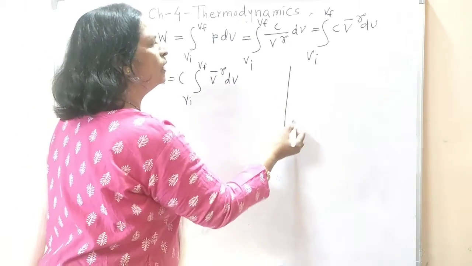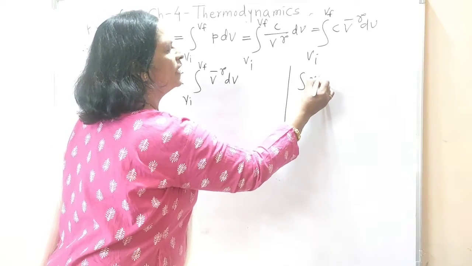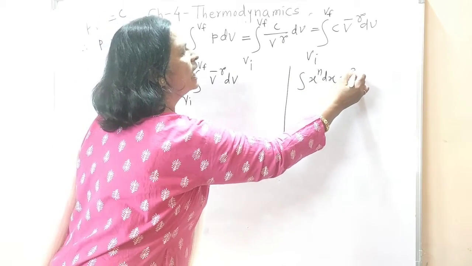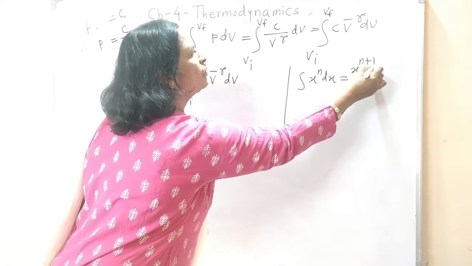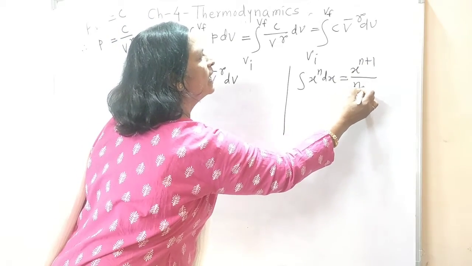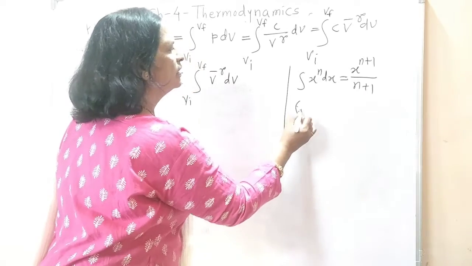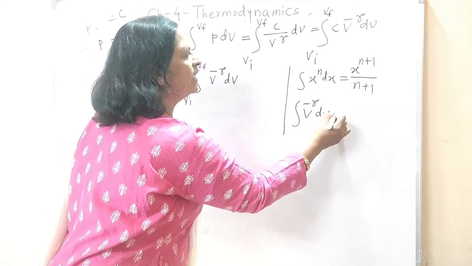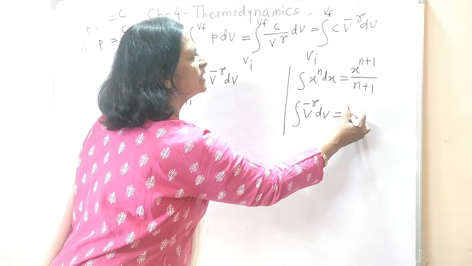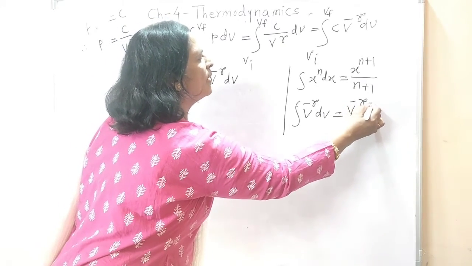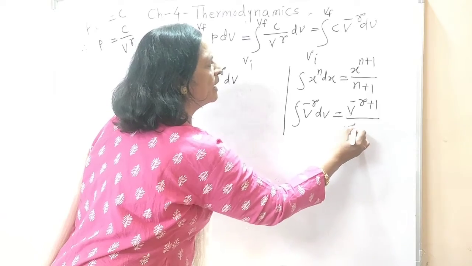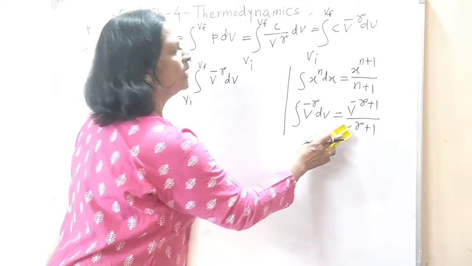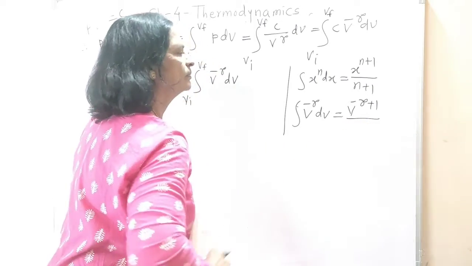We know the formula, integration of x raised to n into dx is equal to x raised to n plus 1 divided by n plus 1. But here V raised to minus gamma into dV is there. Then integration is V raised to minus gamma plus 1 divided by minus gamma plus 1, and we can write this as 1 minus gamma here.